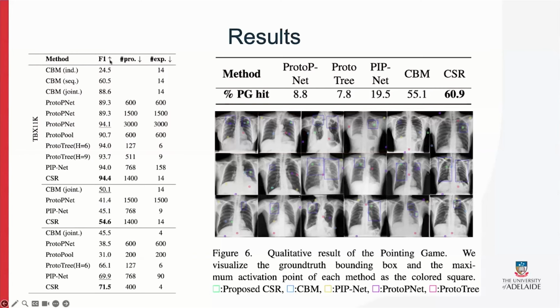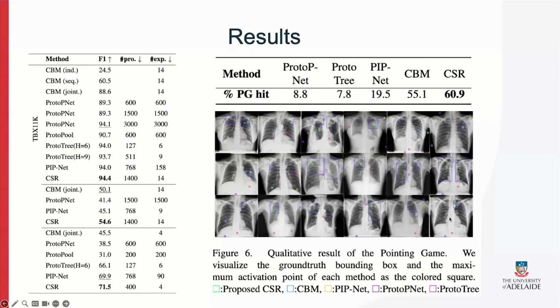Yeah, besides classification performance, we also measure if the explanation of the model is faithful or aligned with human interpretable concepts with the pointing game hit, where we choose the maximal activation on the explanation map to see if it lies within the bounding box of the disease.